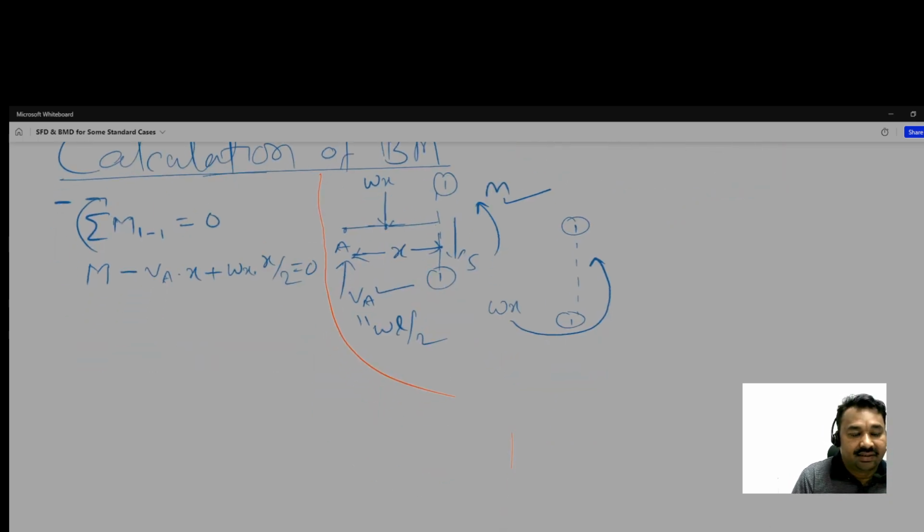Then what we get, and V is equal to WL by 2, so M is equal to WL by 2 multiplied by X minus WX square by 2, so WLX by 2 minus WX square by 2. Okay, and this is about one section.